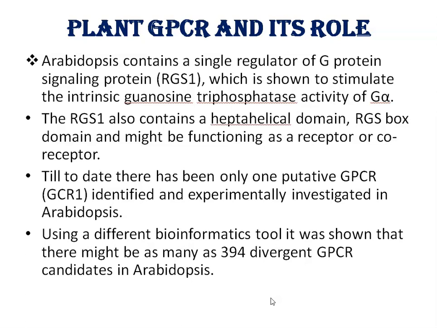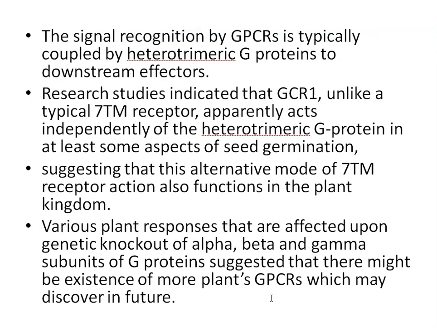Using a different bioinformatics tool, it was shown that there might be as many as 394 divergent GPCR candidates in Arabidopsis, right? Signal recognition of GPCRs is typically coupled by heterotrimeric G proteins to downstream effectors like animal GPCRs.